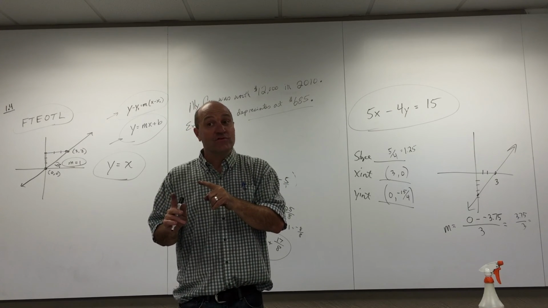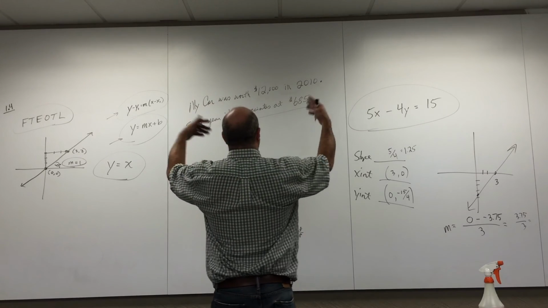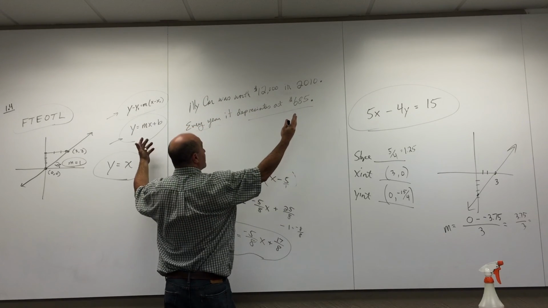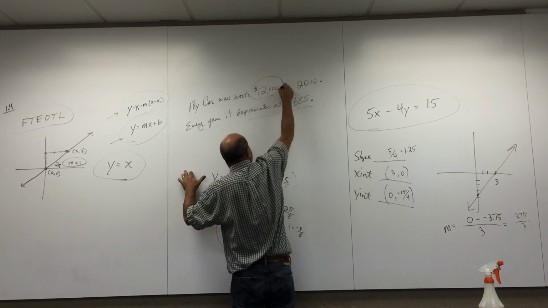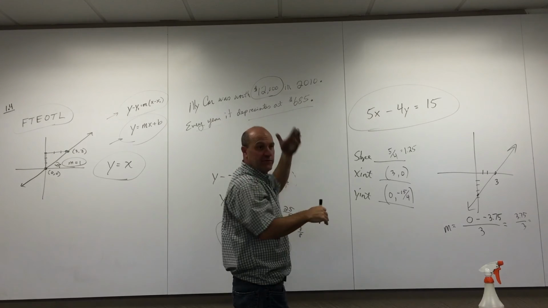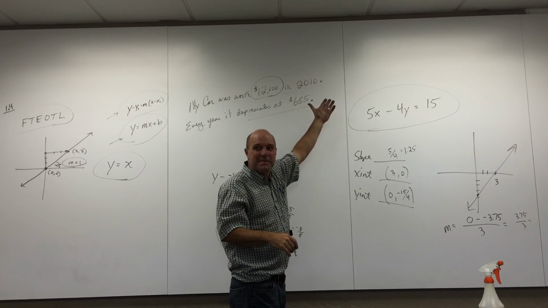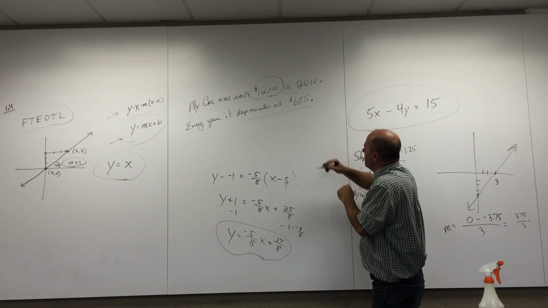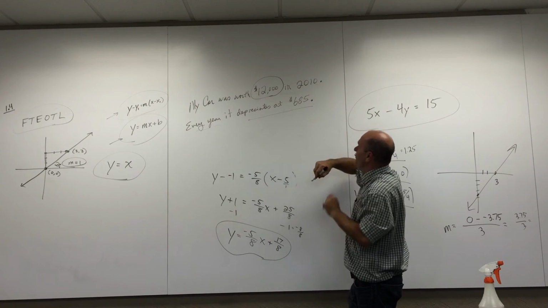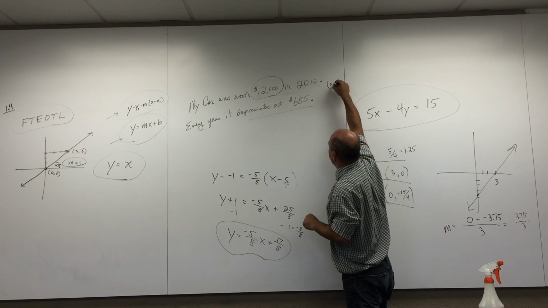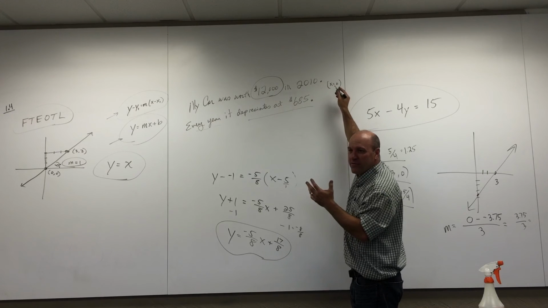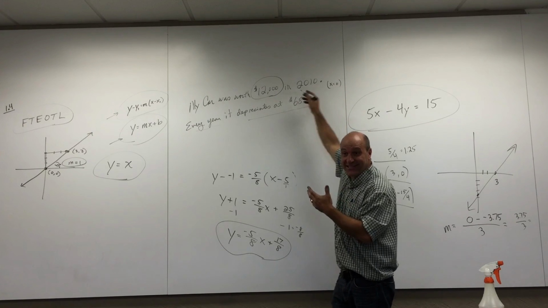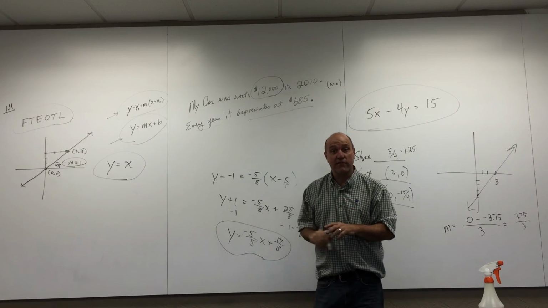So do you see that in this problem? A starting value of 12,000. That's if we start in 2010, which the problem ought to say, we're going to call that year x equals 0. That'll help you realize that's the starting value.